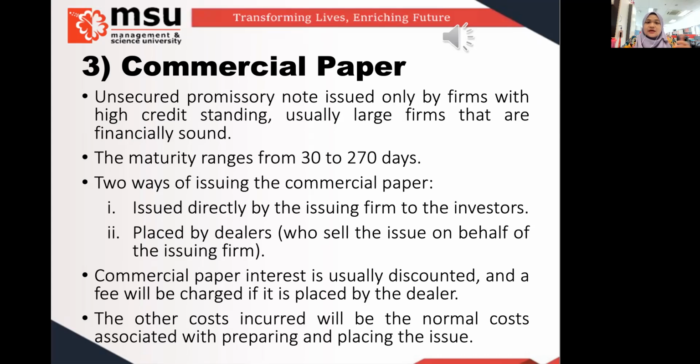So basically, if the commercial paper is placed by the dealer, we have to minus the service charge first before we get the amount of money. But if the commercial paper is issued by the firm, there is no charge from the dealer.